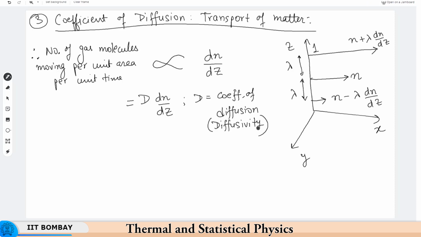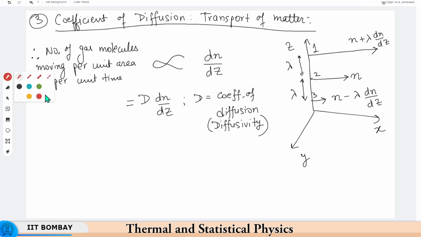Okay. So again, remember there are more molecules here, there are fewer molecules here. So, there will be on average a net transfer of molecules from plane 1 to plane 2 to plane 3.